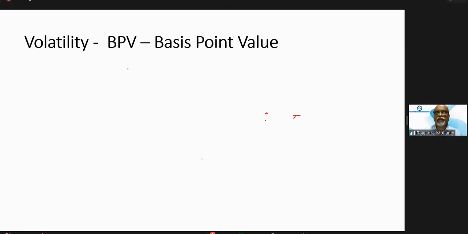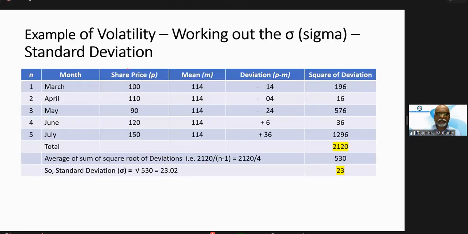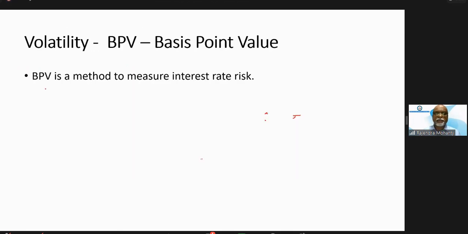Now we will come to the next one, which is called basis point value, another calculation of volatility. BPV is the method to measure interest rate risk, because out of all the sensitivity or volatility measures, BPV directly measures interest rate risk.